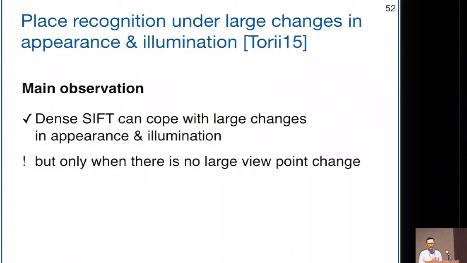The main observation from studying this dataset is that dense SIFT can cope with large changes in appearance and illumination. That means the descriptors are strong enough for the illumination changes. But the local keypoint detection is quite weak to the illumination changes.